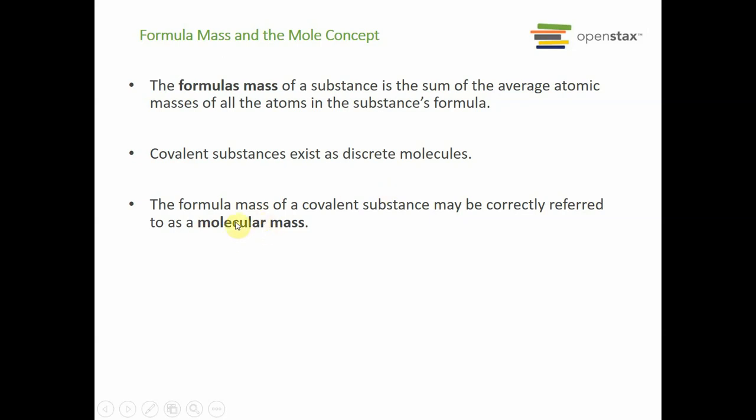The molecular mass is of molecular substances, substances that form discrete bonds between the atoms, like H2O or sugar. But the contrast is to ionic substances like sodium chloride, like salt, that does not exist as a discrete molecule.